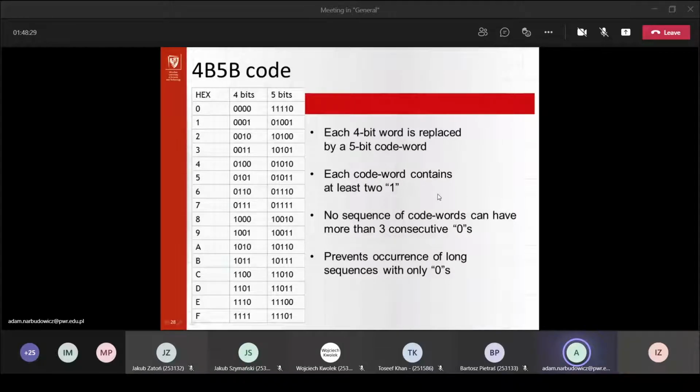So firstly, the idea here of the code is to avoid long sequences of 0.